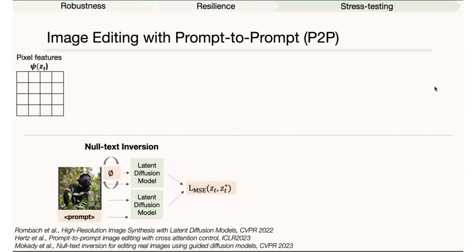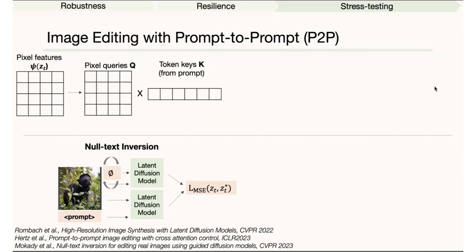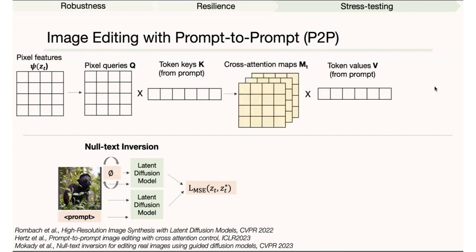So now that we have this latent space inversion Z at a particular time step, we can get some big pixel features corresponding to that, which can be decomposed as a query and a key. And then the stable diffusion model has cross-attention layers that map these to cross-attention maps. So there's a unique cross-attention map corresponding to every token in the prompt. That captures the interaction between language and vision.